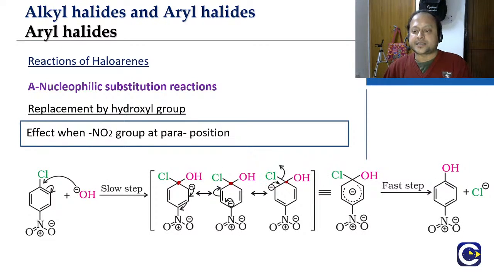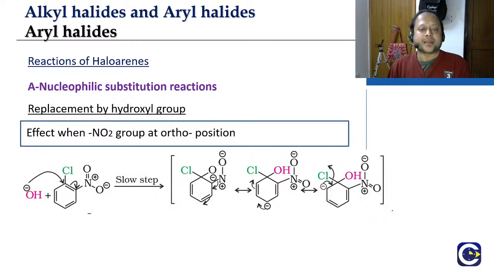See, this whole electron density is now pulled towards the nitro group, right? Okay, now if it is at ortho position, then also the similar effect is seen, right? It is still easier to remove it at the ortho position or para position. You can see how the electron transitions are taking place, right, in terms of resonance.